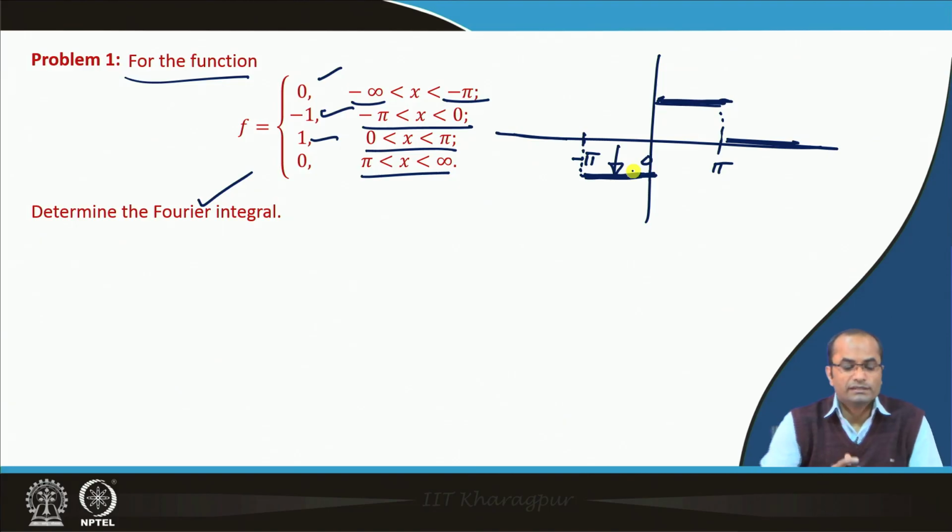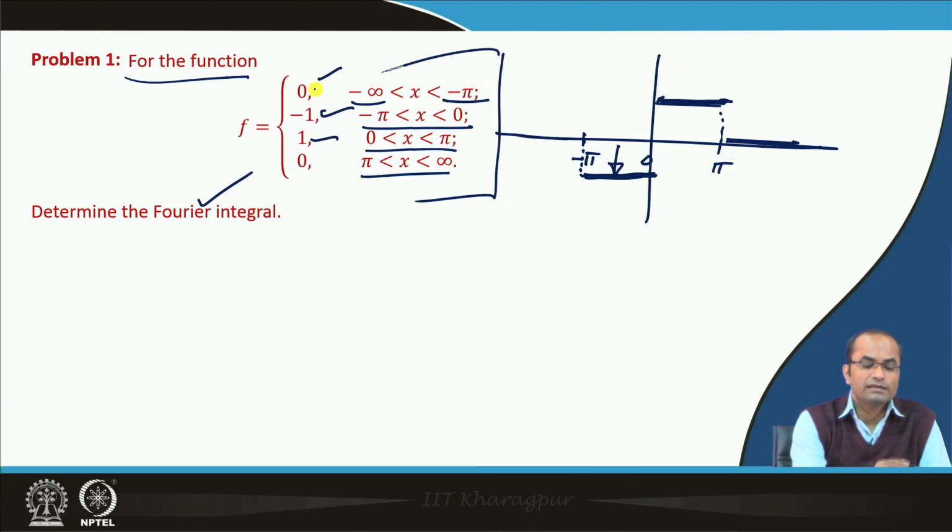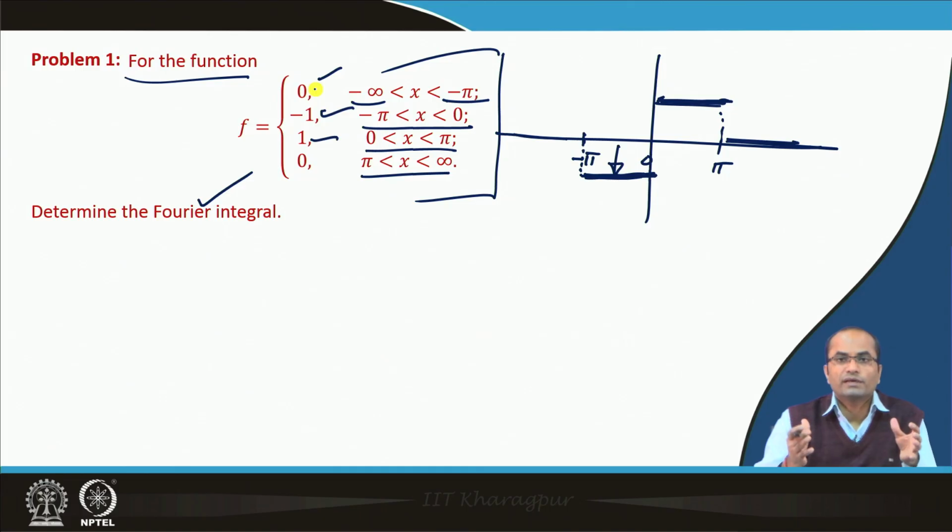But the point is here the function is defined in minus infinity to plus infinity. So, we are writing its integral representation, which automatically comes as the sine integral representation. In this case we do not have the possibility of choosing whether a sine integral representation or a cosine integral representation, because the function is defined from minus infinity to plus infinity.